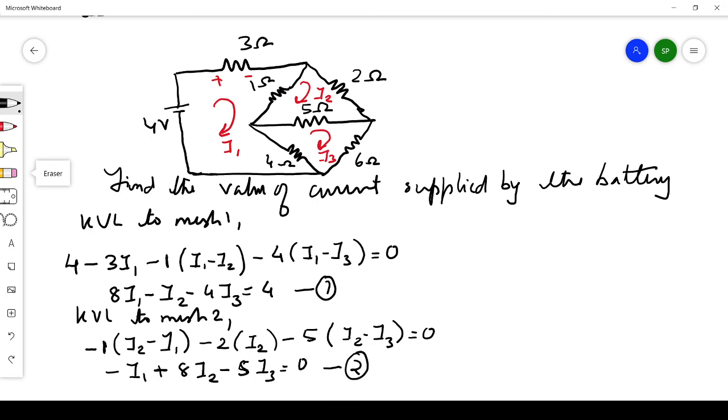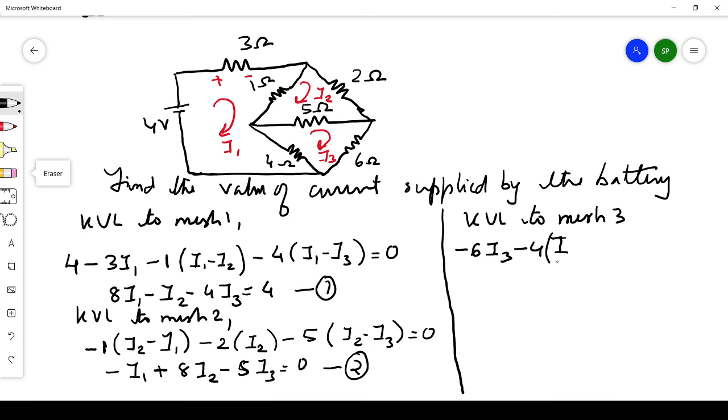Just checking the diagram, I'll write it here. Now apply KVL to mesh 3. Mesh 3 consists of 3 resistors, 5 ohm, 6 ohm and 4 ohm. So we can write minus 6 into I3, then minus 4 into (I3 minus I1), then minus 5 into (I3 minus I2), that is equal to 0.